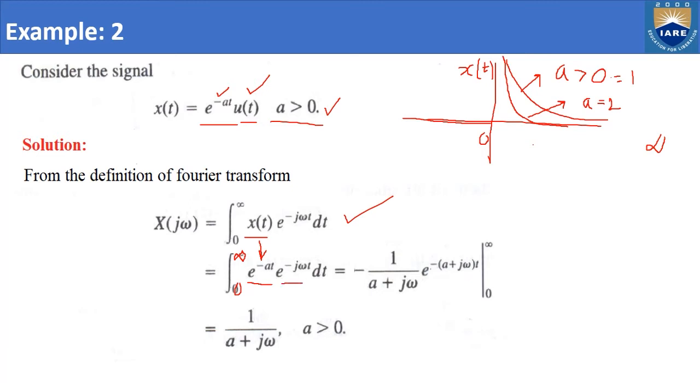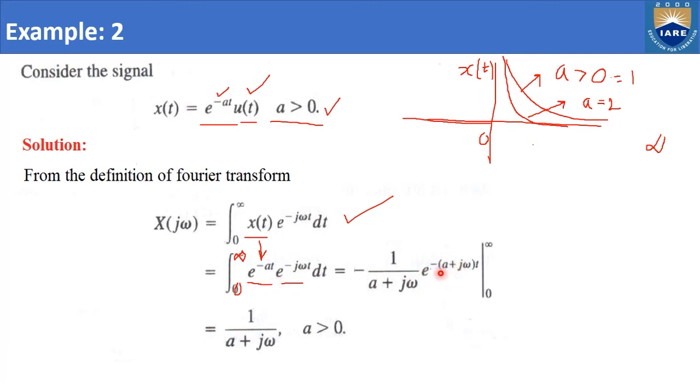Then the basis function e to the power of minus j omega t dt. If I combine these two, e to the power of minus a t plus minus j omega t. So that means e to the power of minus a plus j omega multiplied by t. That is the common term here.